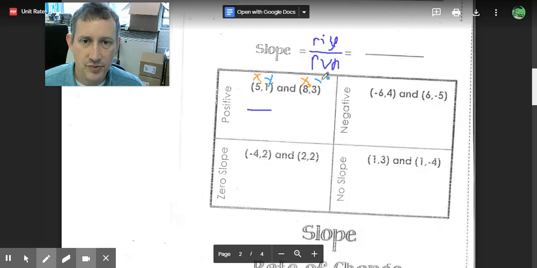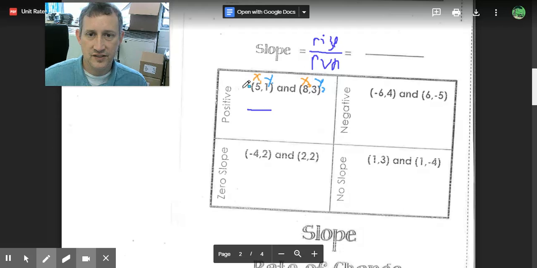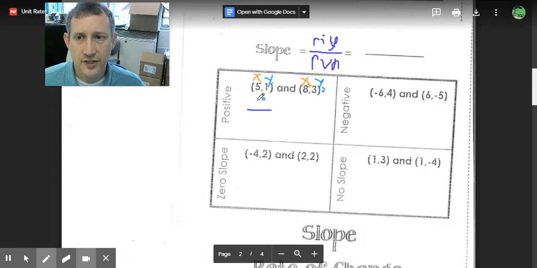This is the y of the second point. It doesn't matter which point you start with, just as long as you're consistent. If I start with this y on the top, then I have to start with that x on the bottom. So it doesn't really matter which one you call 1 and which one you call 2.